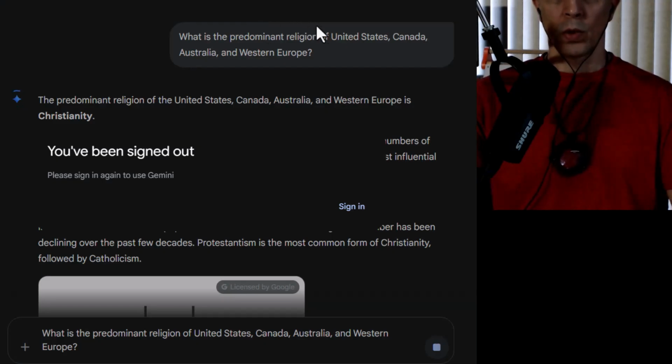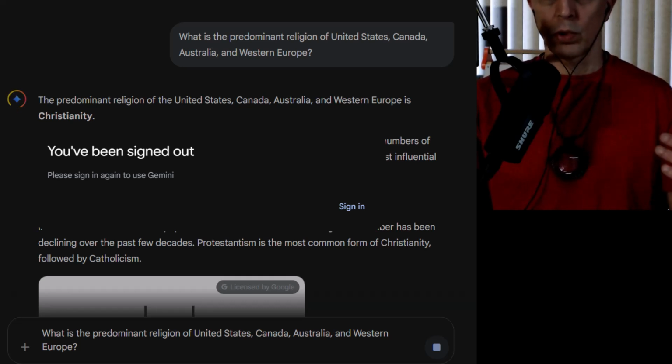What is the predominant religion of the United States, Canada, Australia, and Western Europe? Stemming from the previous question of which are the most attractive nations in the world to people who are running from their failed cultures, it says the predominant religion is Christianity.